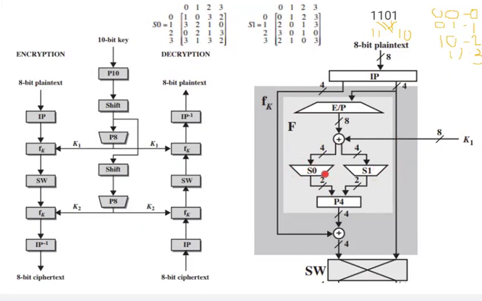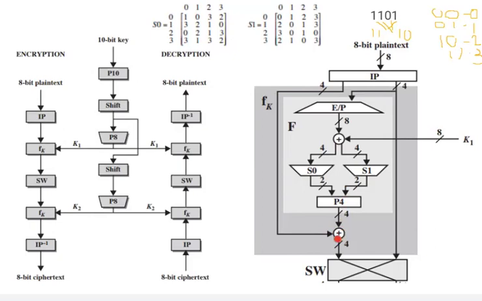Once you are done with the substitution operation, then you have to put the 2-bit outputs together, and that 4-bit you have to permute with the P4. Once you are done with this P4 permutation, then that 4-bit you have to XOR with the unoperated left hand side nibble, right?